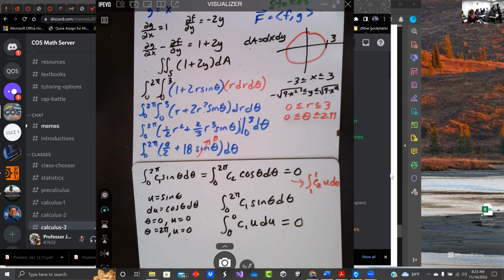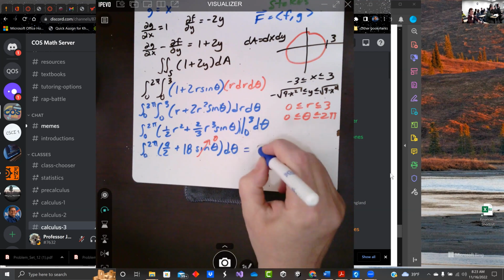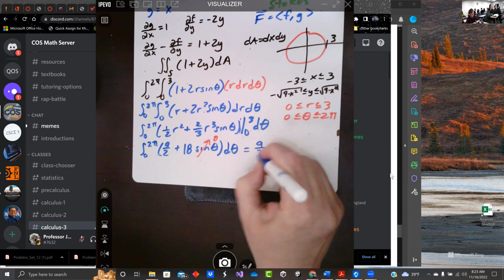Oh, did you do cosine theta? It doesn't matter. In the end, you're just showing that this would turn into negative cosine. You get negative 1 plus 1.